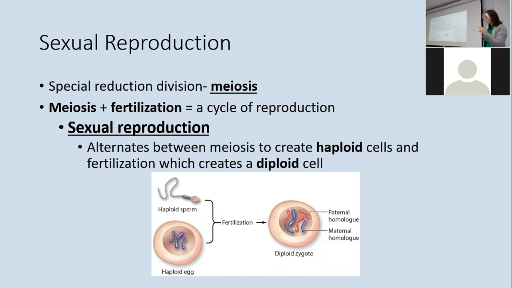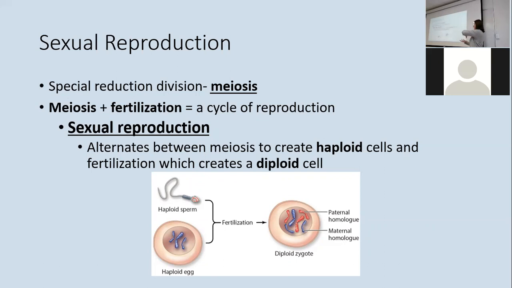So every sperm cell carries 23 chromosomes, every egg cell carries 23 chromosomes, and the offspring that's created has the appropriate number, 46 chromosomes. This cycle of meiosis, creating haploid cells, and then fertilization, creating a diploid cell, is a full reproductive cycle.